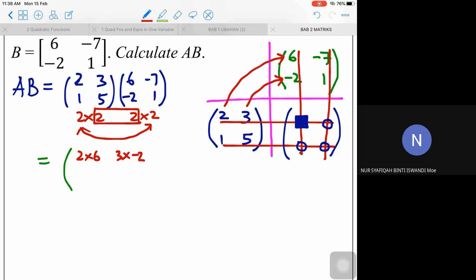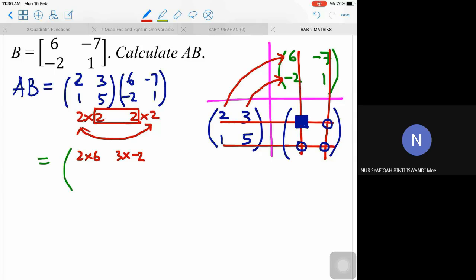All these things, 2 times 6 and 3 times -2, are the calculation for the first element only. So how do we connect 2 times 6 and 3 times -2? What do we need to do?